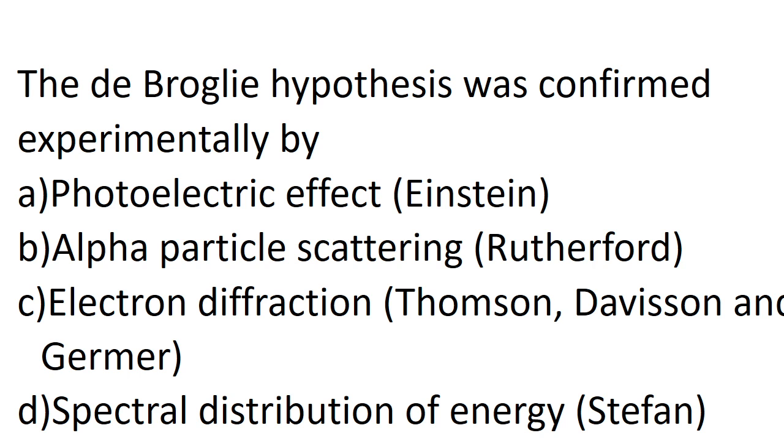Next one, the de Broglie hypothesis was confirmed experimentally by, options given are photoelectric effect by Einstein, alpha particle scattering experiment by Rutherford, electron diffraction experiment by Thomson, Davisson and Germer, and the last option is spectral distribution of energy by Stefan.